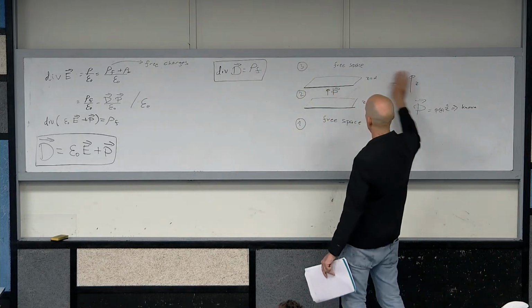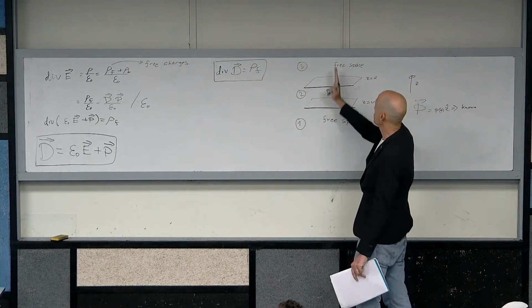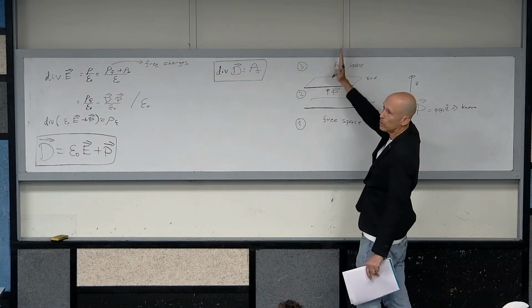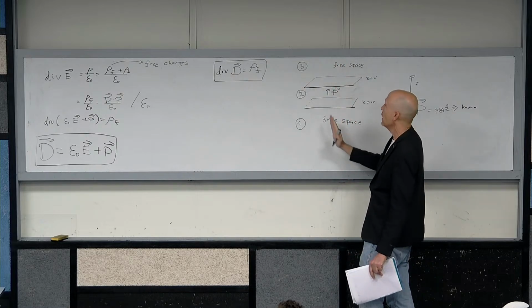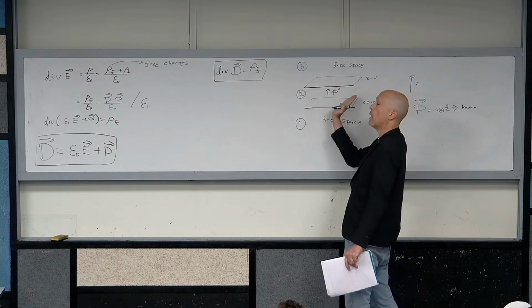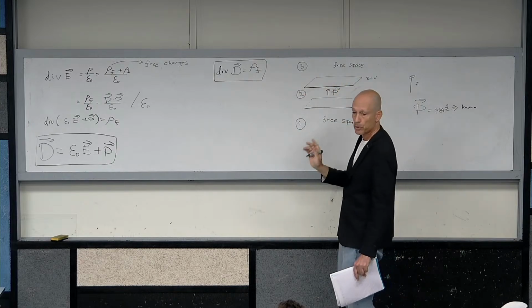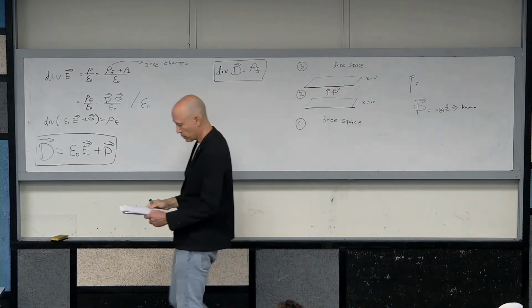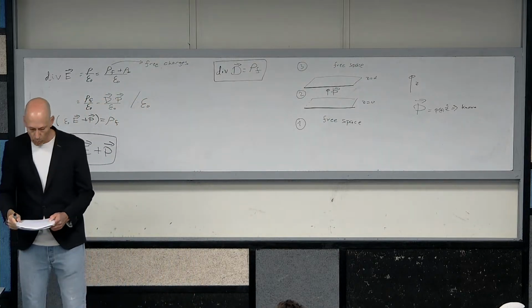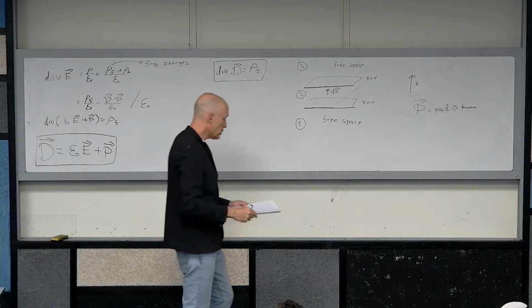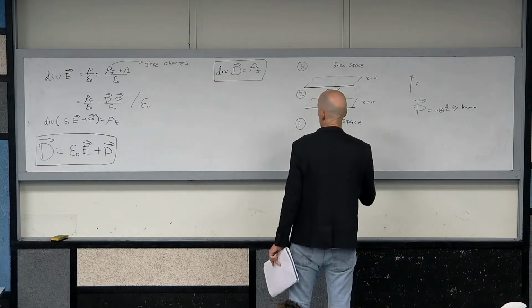Because these things are infinite and P is in this direction, the electric field is also going to be in the z direction. There's no reason to prefer one direction over the other here from symmetry, so we are going to exploit this obvious symmetry.